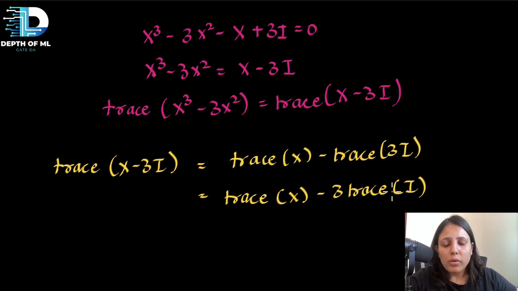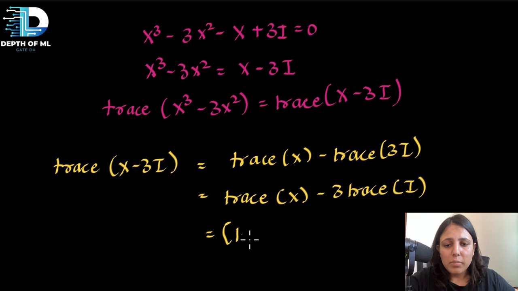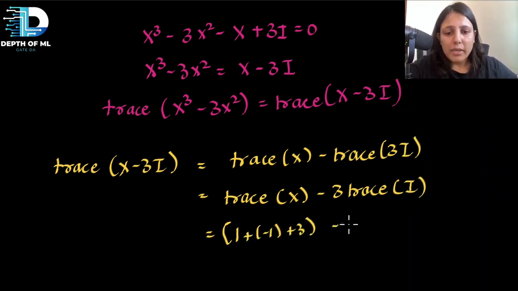Okay, now trace of x is nothing but the sum of the eigenvalues. So let's see what the eigenvalues are: 1, minus 1 and 3. Okay, so 1 plus minus 1 plus 3. And what is the trace of I? So I is a 3 cross 3 matrix, because there are 3 eigenvalues for x, and we have taken I that is satisfying the characteristic polynomial here, right?